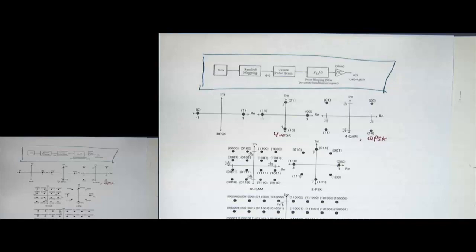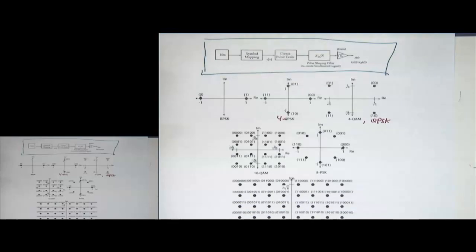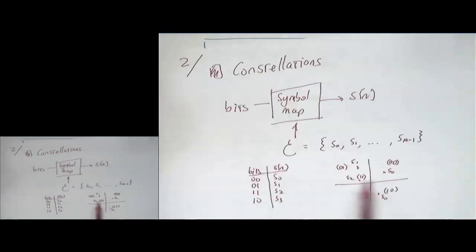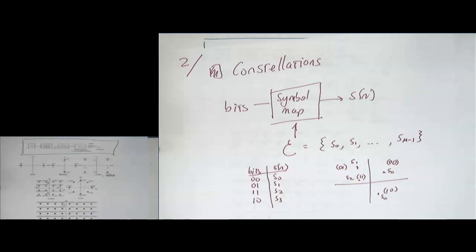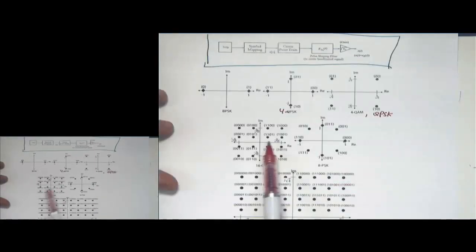Now one thing that you should realize from looking at these plots here is that there's a lot of structure in there. These are not arbitrary points like I just drew in this previous example here. I just sort of scattered 4 points there. These constellations are carefully constructed here, and the points are spaced reasonably far apart.